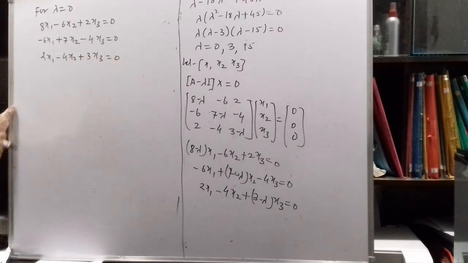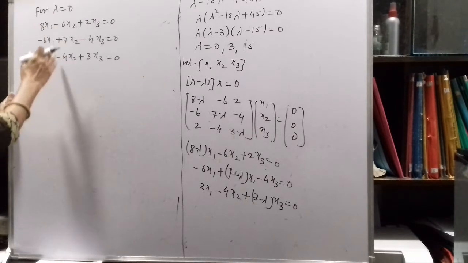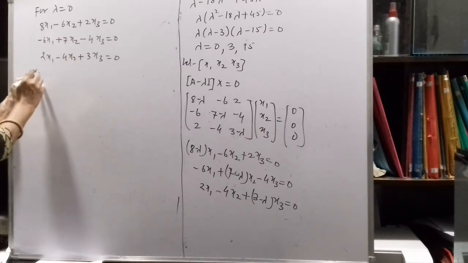All three equations are different, so we find the values of x1 and x2 from two equations, and the third is satisfied.